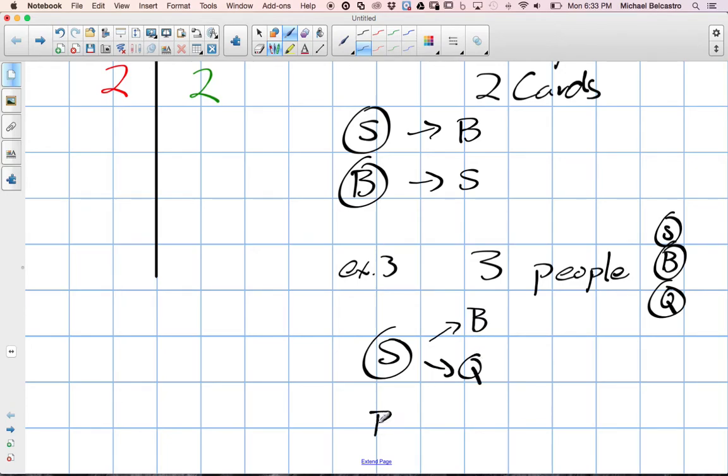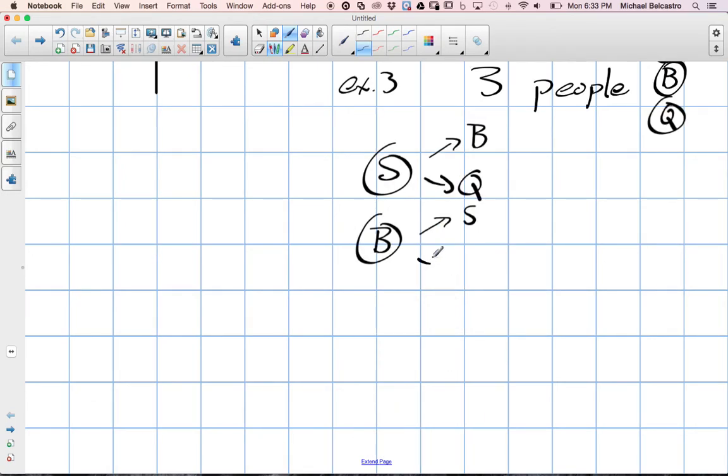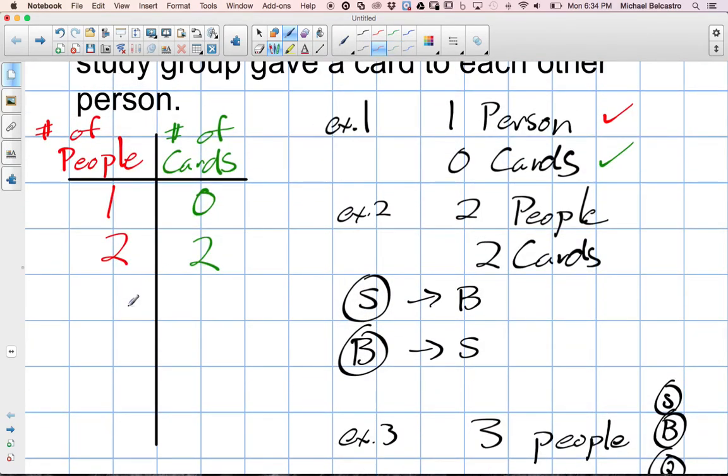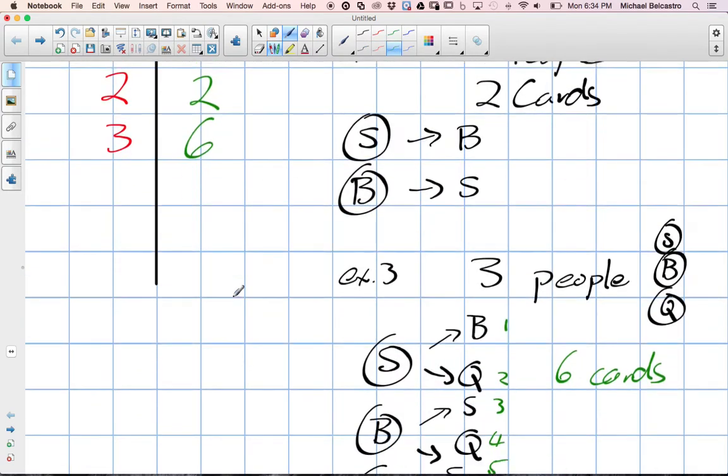Bob can give a card to Sandra and a card to Quincy. And Quincy can give a card to Sandra and a card to Bob. How many cards are we counting out here? 6. That's right, 3, 4, 5, 6. Beautiful. So we have 6 cards. Let's write that in there. That means with 3 people in the group, we have 6 cards. Interesting.